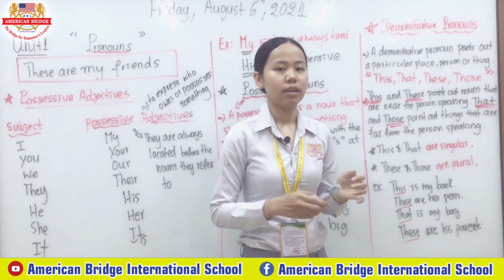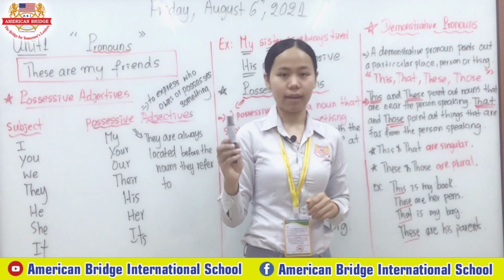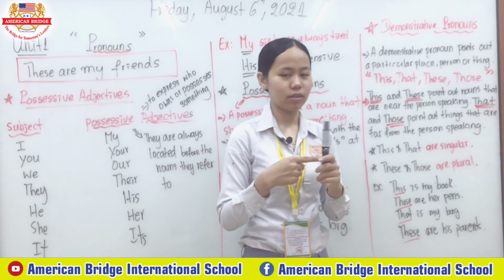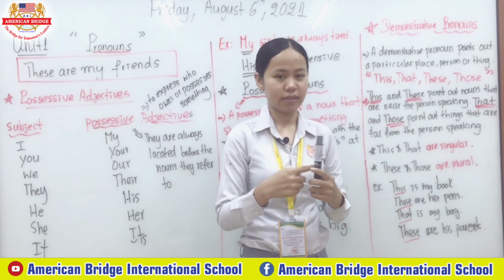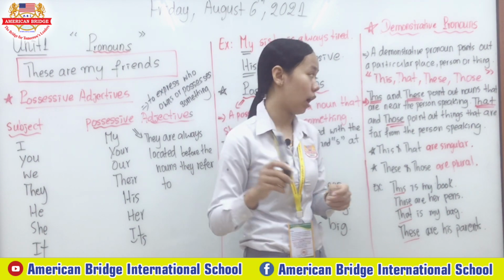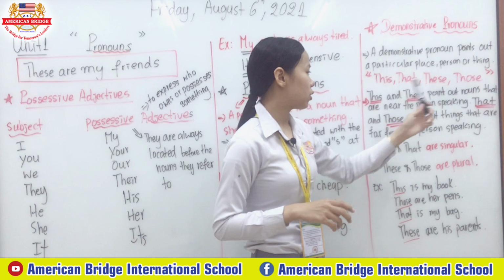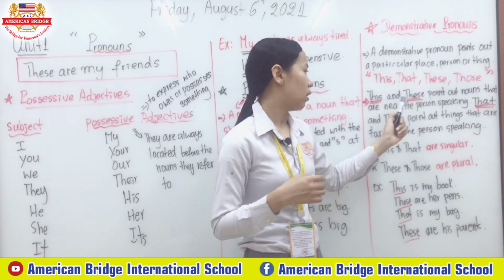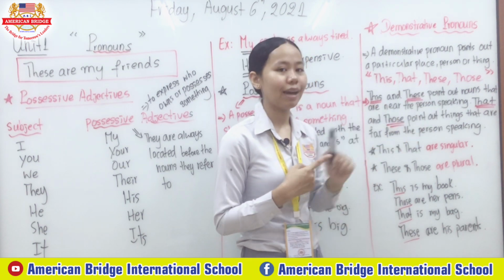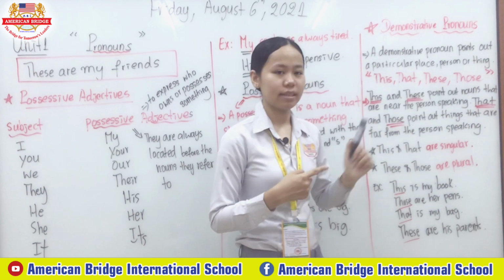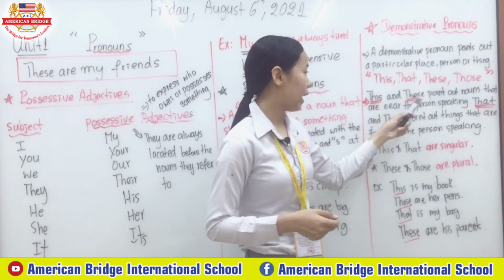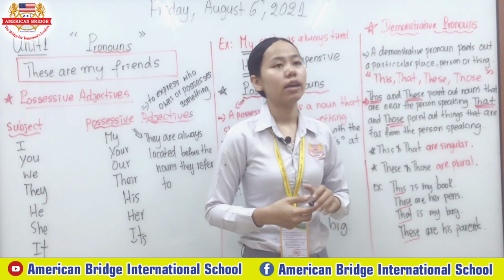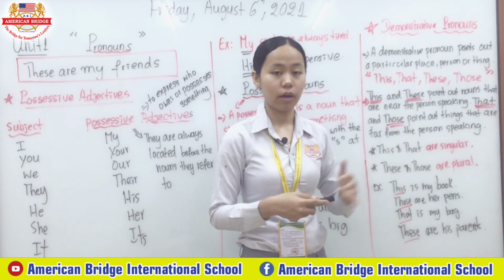For example, this is my marker, so it is near me. It is not far from me, it is here. So I use this to point out a noun, the marker, that is near me. I can also use these to point out things that are near me as well.